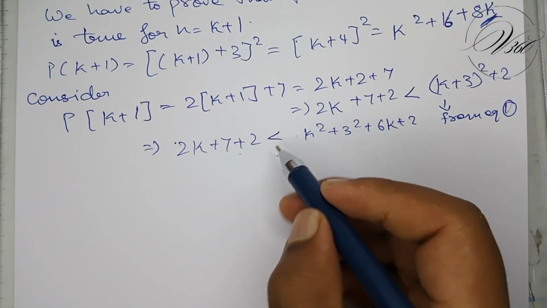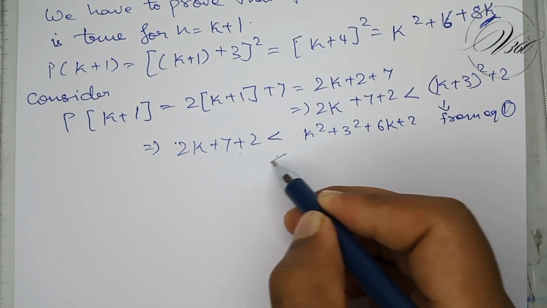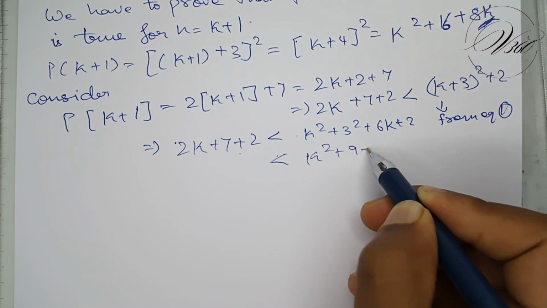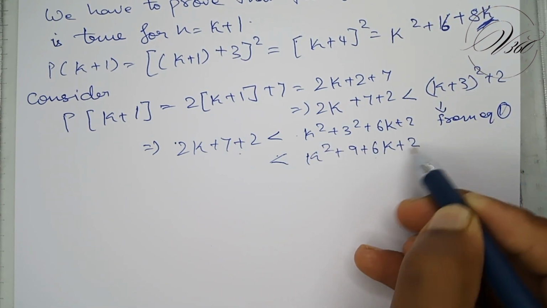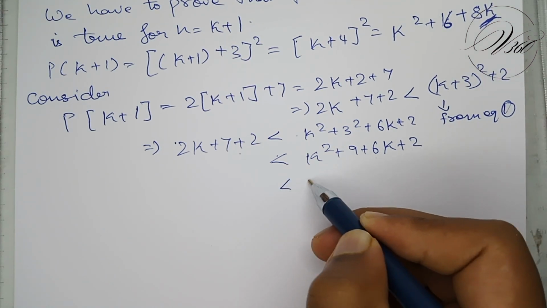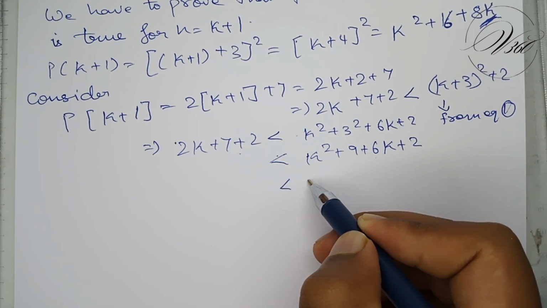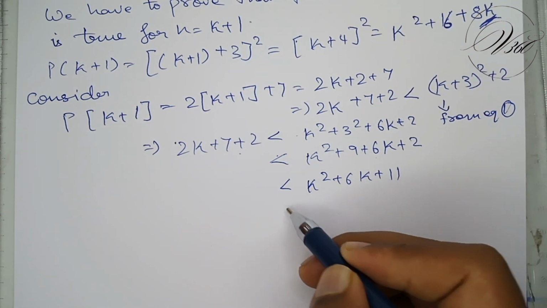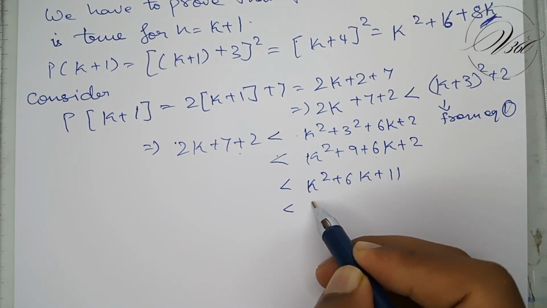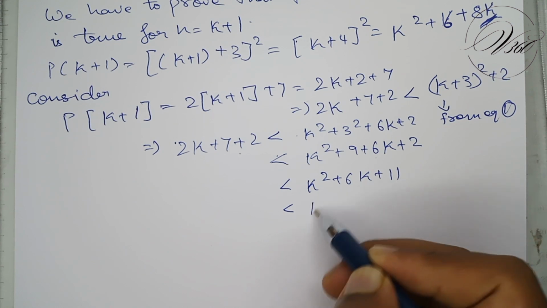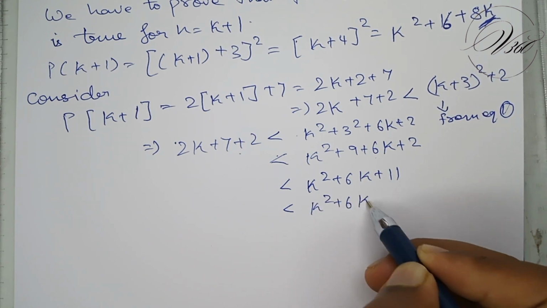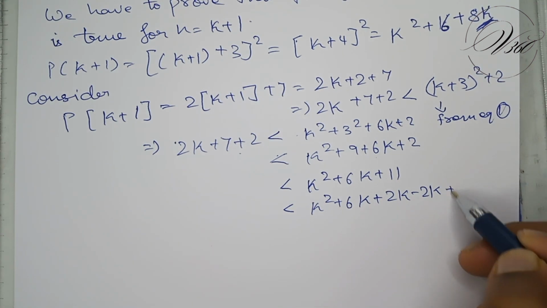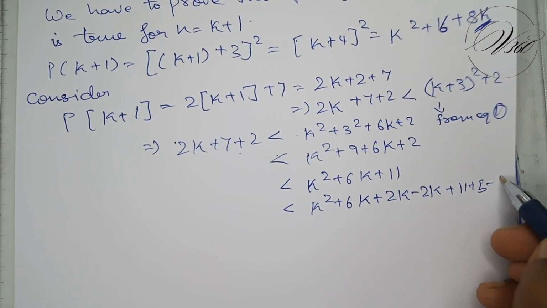Now I will not write this step in every step. I will directly write, which is smaller than k square plus 9 plus 6k plus 2, which implies it is smaller than k square plus 6k plus 11. Which implies that it is smaller than k square plus 6k plus 2k minus 2k plus 11 plus 5 minus 5.